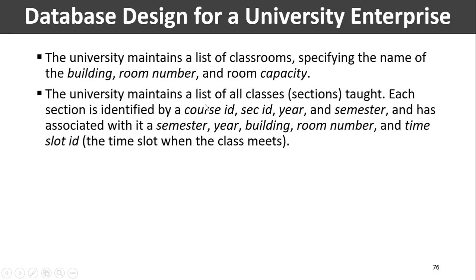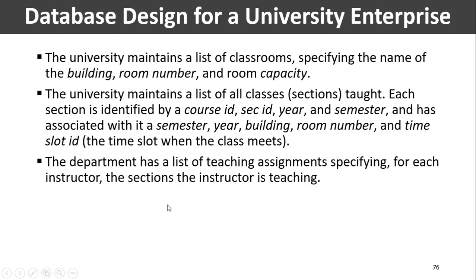The university maintains a list of all classes or sections taught. Each section is identified by a course ID, section ID, year and semester, and has associated with it a semester, year, building, room number and time slot ID. The time slot is the time slot when the class meets.